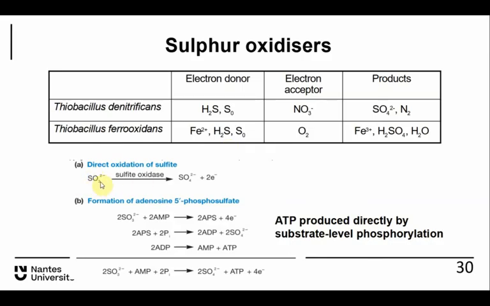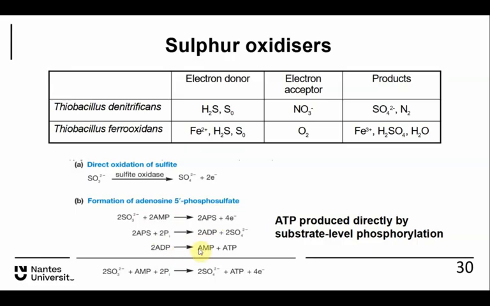sulfur or sulfite can be oxidized to sulfate, or sulfite can be integrated into adenosine persulfate by combining with adenosine monophosphate. And then these adenosine persulfate molecules can react with inorganic phosphate and give you 2 molecules of ADP.